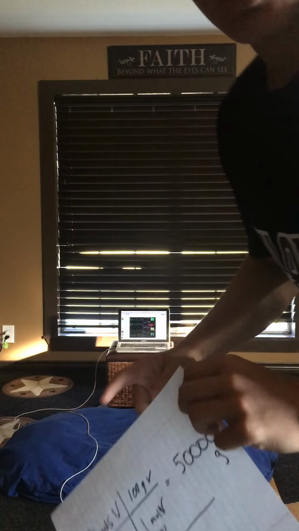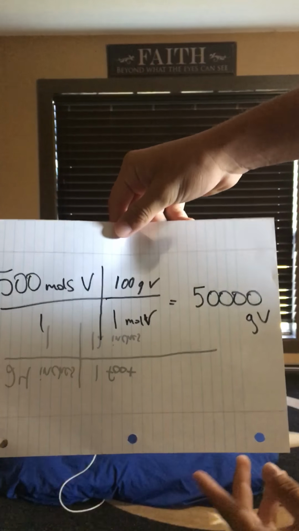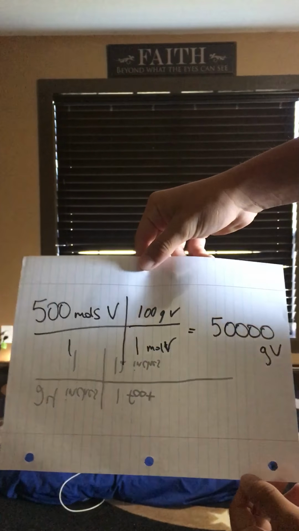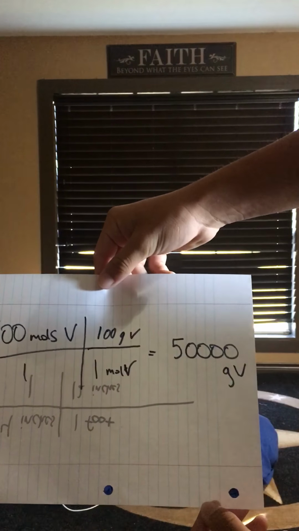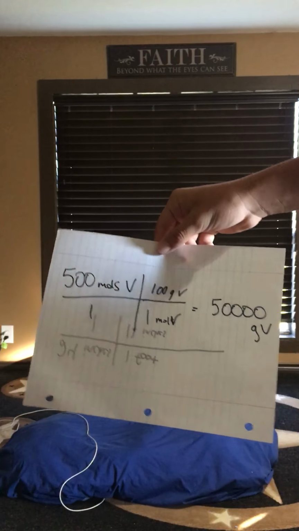Okay, so after doing the math, we see that for 500 moles of vibranium, multiplied by the molar mass of vibranium, we would need 50,000 grams of vibranium in order to make fission. And that's a lot.